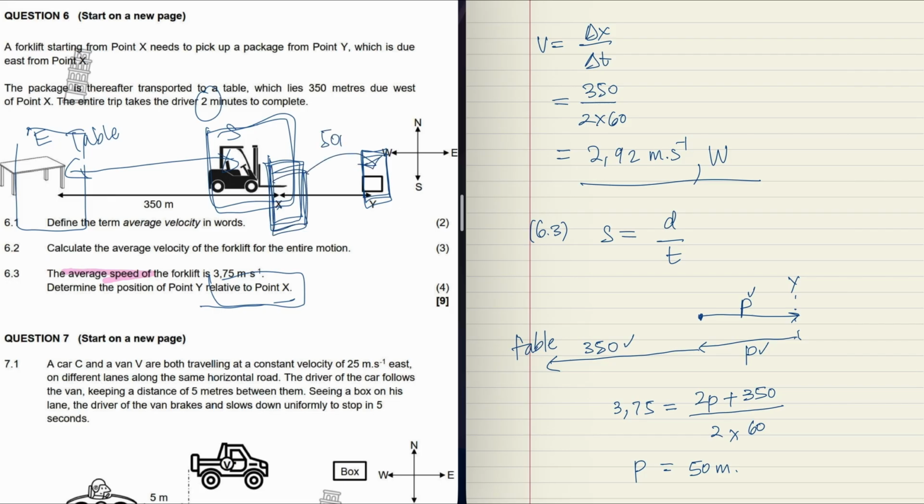Y is 50 meters east of you. So the answer now is going to be 50 meters east. So again, determine the position of Y relative to X. When they say relative to X, it means put yourself at X and then ask where is Y relative to that point?